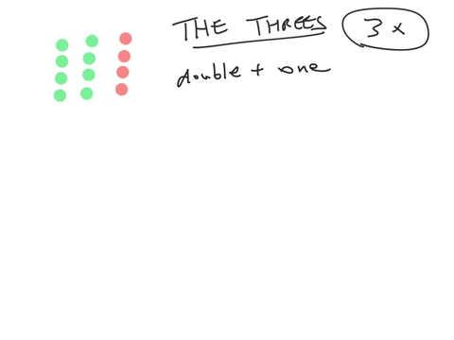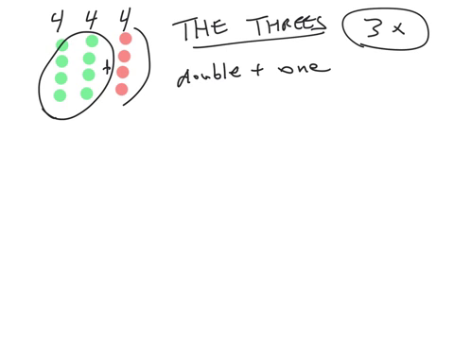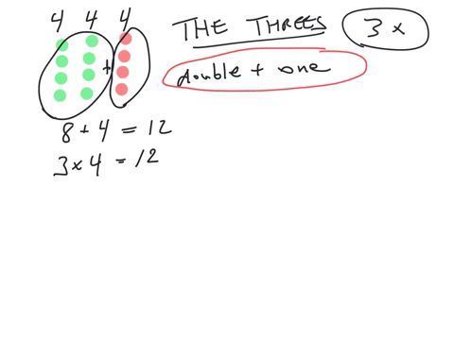So in this simple example we have here, where we have 3 groups of 4, we could think about this as double 4 plus 1 extra group of 4. So in this case it's 8, skip counting up by 1 more 4 to 12. So we could say that 3 groups of 4 is equal to 12. Again, the strategy here is multiplying by 3 is double plus 1.